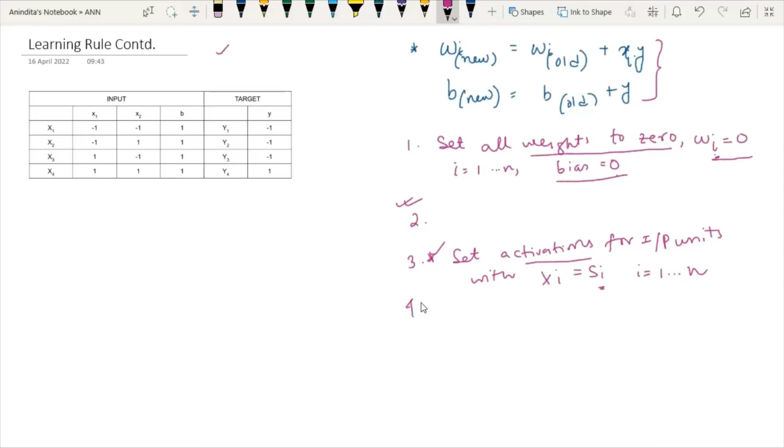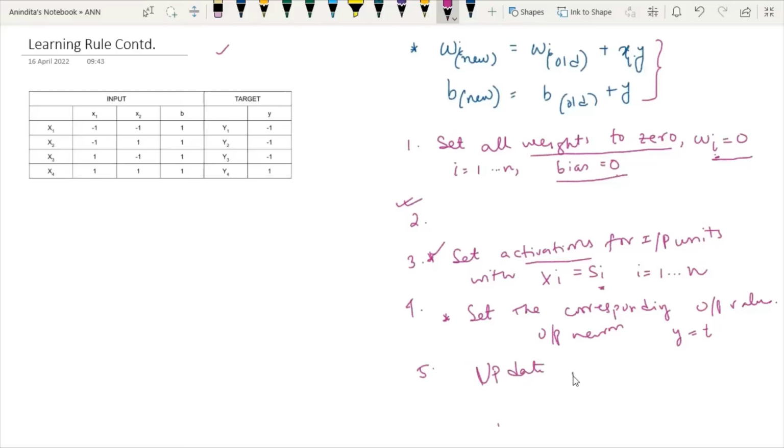And the fourth step is we have to set the corresponding output values to the output neuron, that is, say for example, y is equal to t. Again, this step is not clear, so we need to explain one example. In the fifth part we have to update the weights.